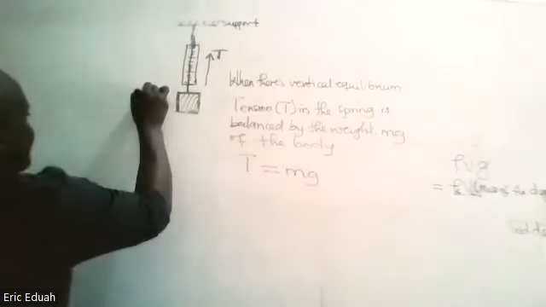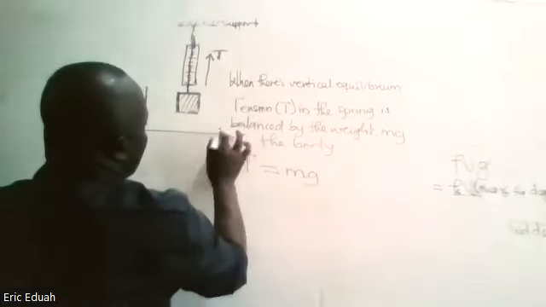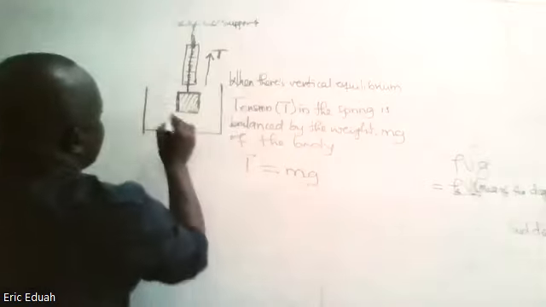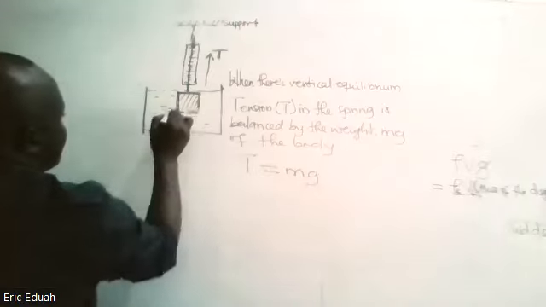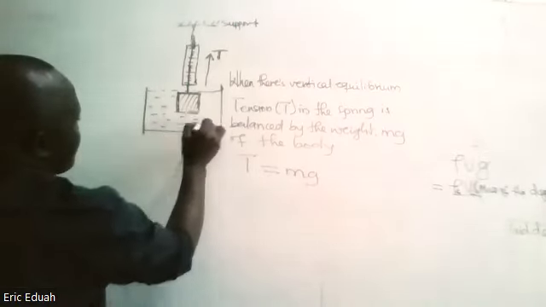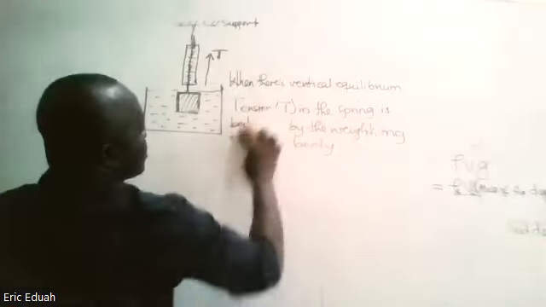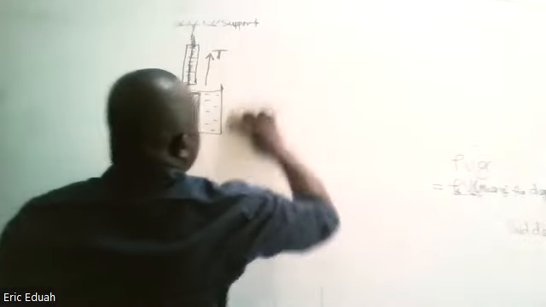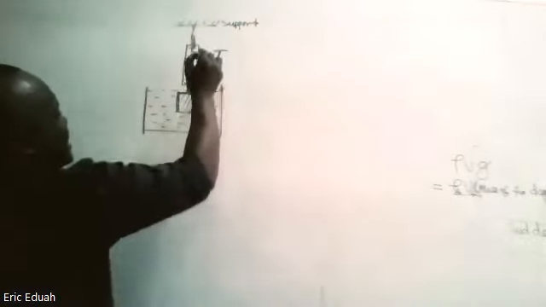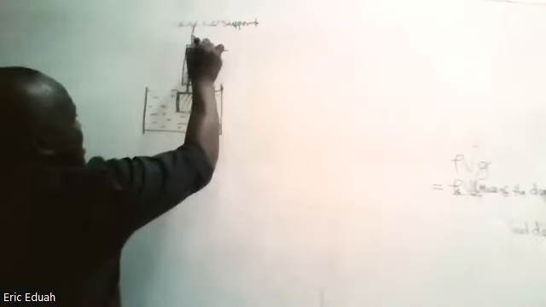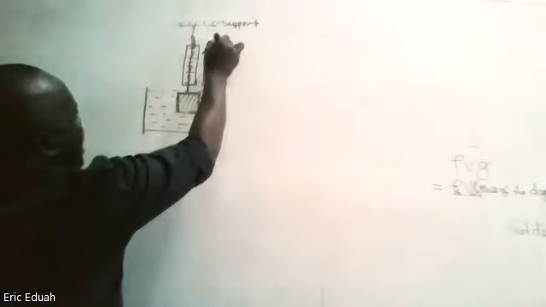I'm submerging the same thing into a beaker of water or any other liquid. When you submerge this in water or liquid, there is still a tension T within the spring, directed to where we have the support.